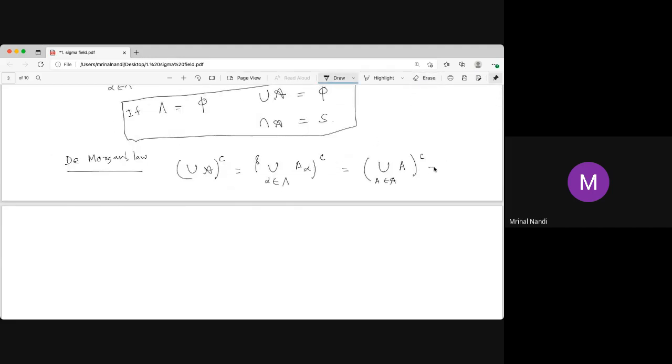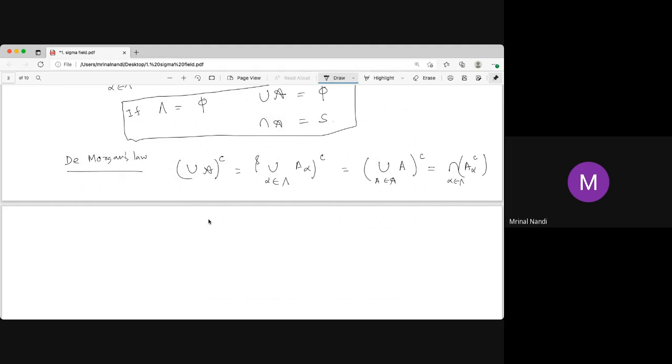Now, what is this? This is just the intersection of the A alpha complements, alpha in lambda. Again, there are three different notations for intersection; I just write only one. So this is a very important thing to understand first.